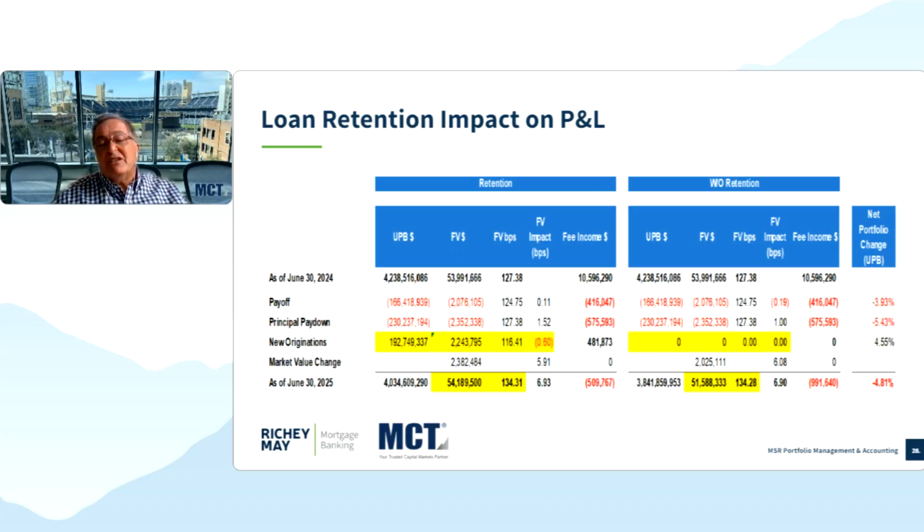But the new addition, the retained portion of the originations, amounted to about half of that. In dollar terms, the fee income, even with retention, at 21% retention level, the company lost $500,000 in potential service fee income.